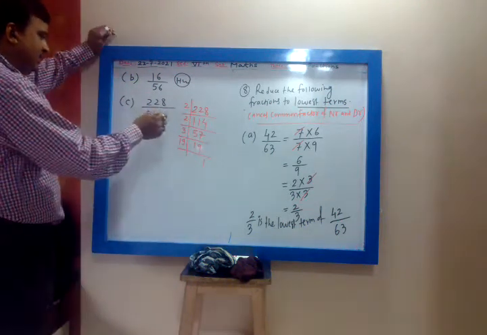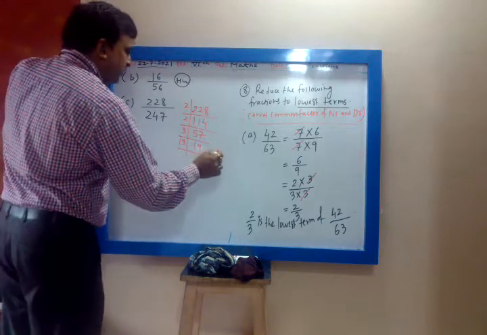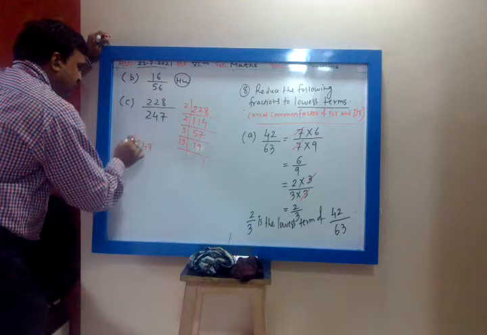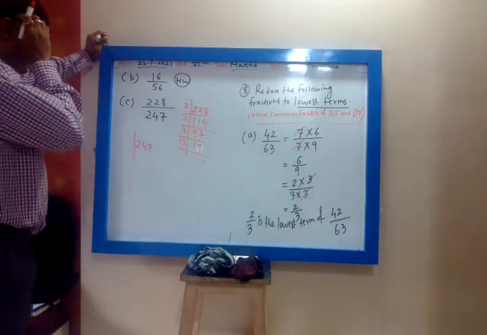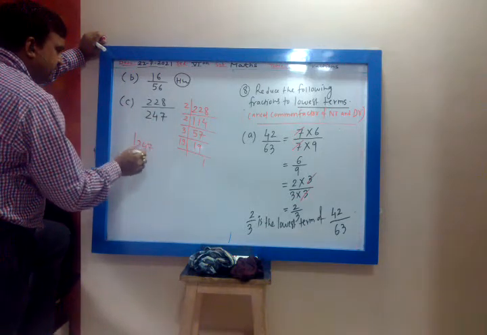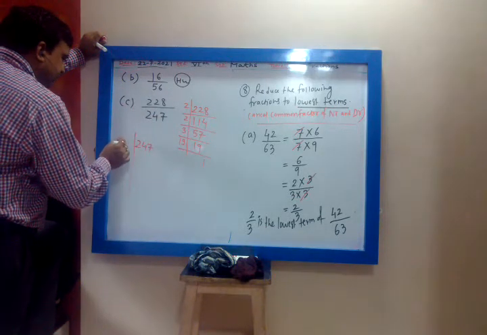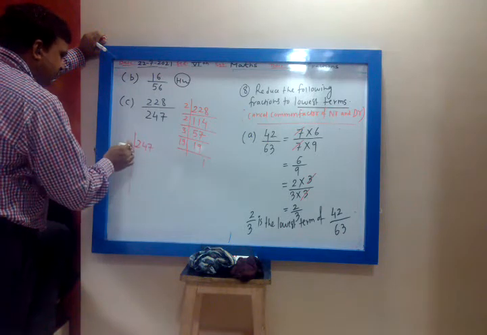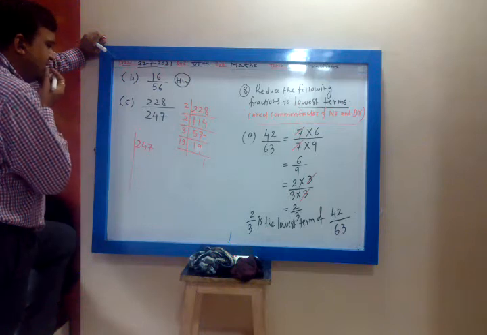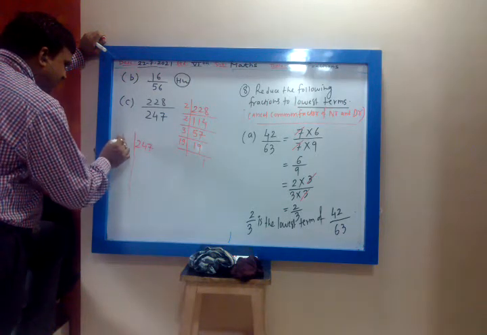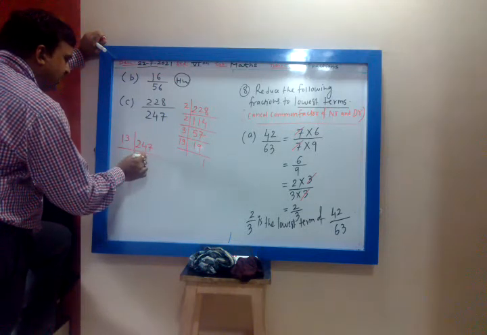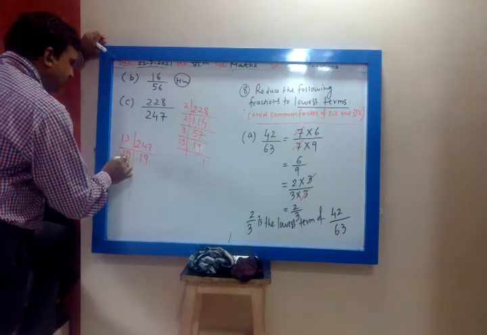And let us write 247. This 247 you can divide by 13: 13 1s are 13, then 11 is left, 13 into 19.